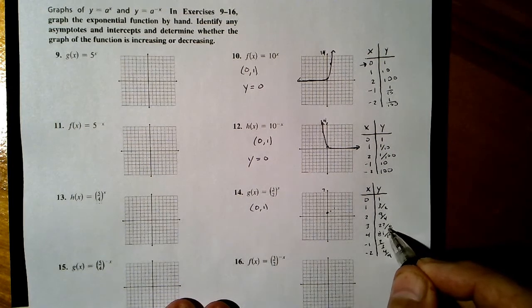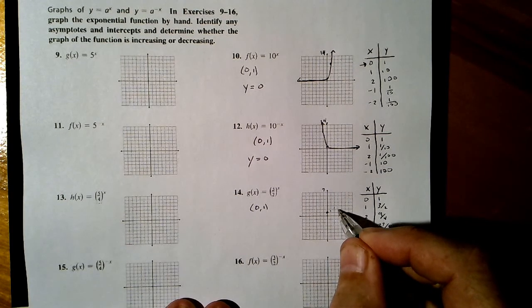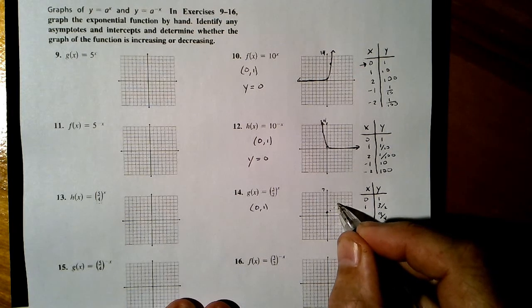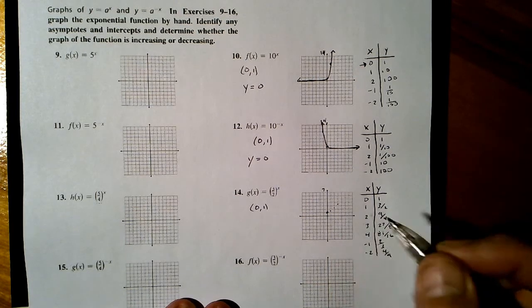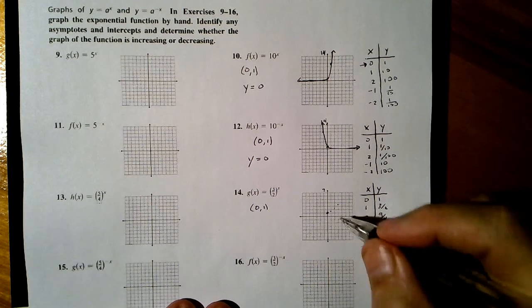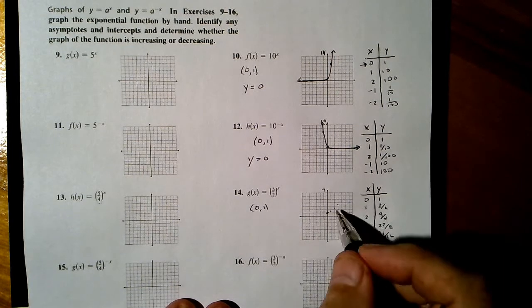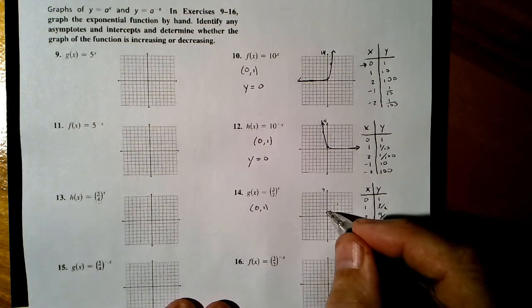Put in 3, get out 27/8. There's 8, 16, 24, 27. It almost looks like a straight line. Put in 4, and we're over 5. It actually is curving up a little bit.